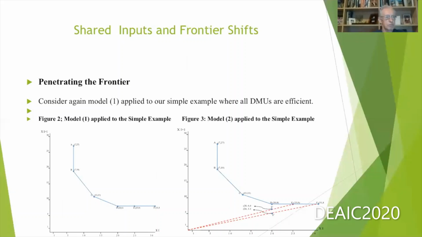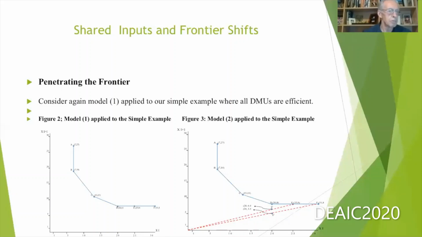Recall that DMUs D, E, and F under the conventional Model 1, which we designate here as a CRS model, are all deemed efficient. In that model, we ignore the fact that those departments are naturally interdependent. See again Figure 2. Observe, however, that when we apply Model 2, we obtain the projection shown in Figure 3.